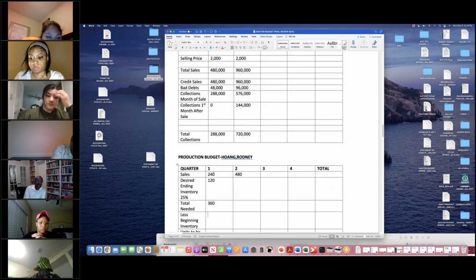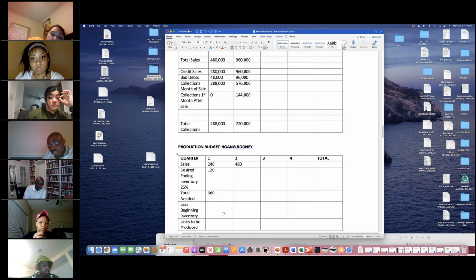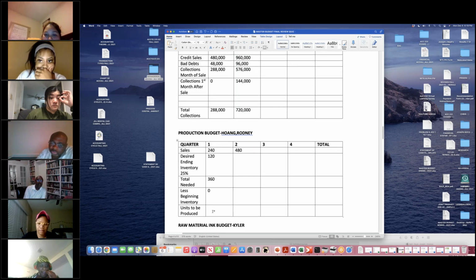So in the first quarter, you got to make what you're selling plus 25% of what's going to be sold the next quarter. There's no beginning inventory, so what's the total units to be produced? In the first quarter, 360.